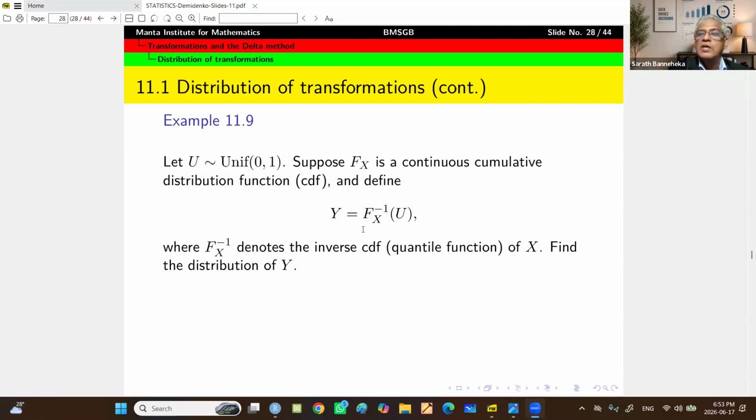So this whole thing is a random variable. Fx is the cumulative distribution function of random variable x. Then Fx inverse always exists. So we can talk about Fx inverse of U as a random variable. Okay, so let's derive the distribution of y.